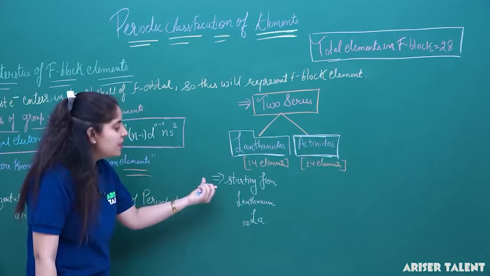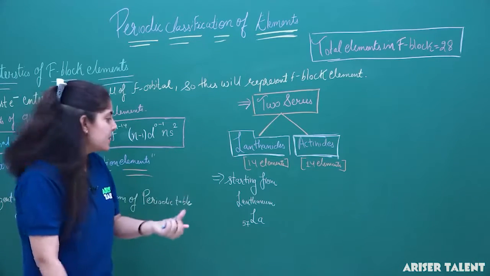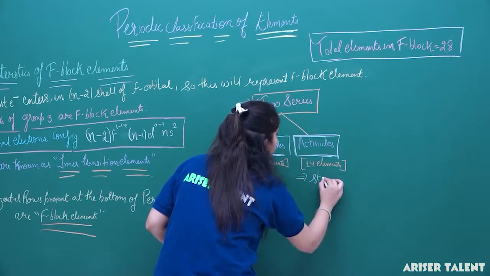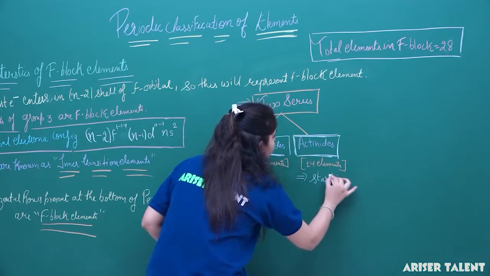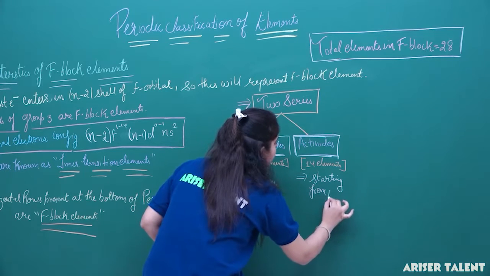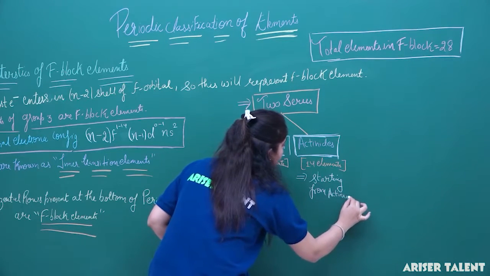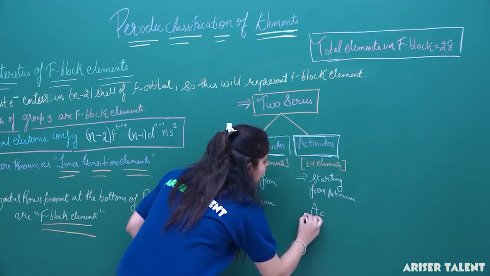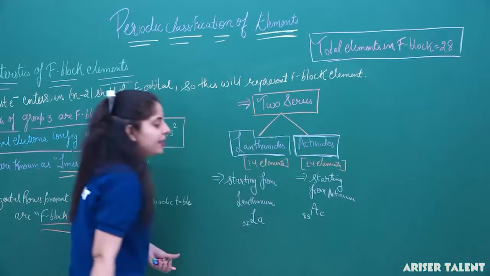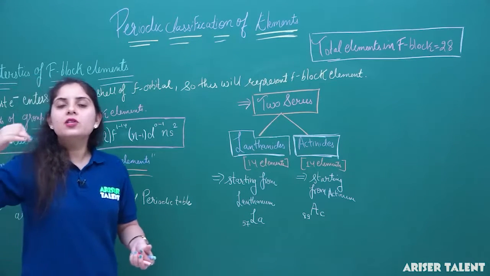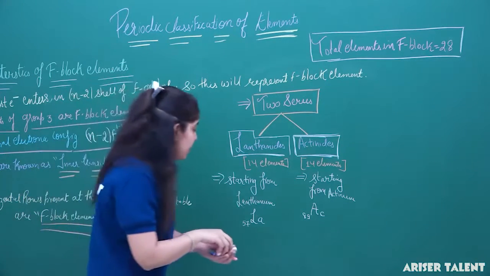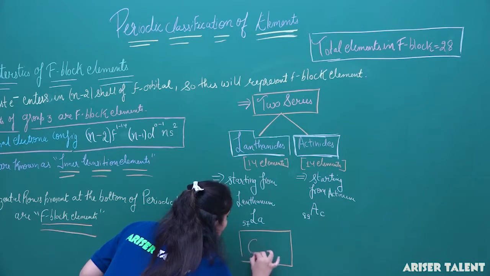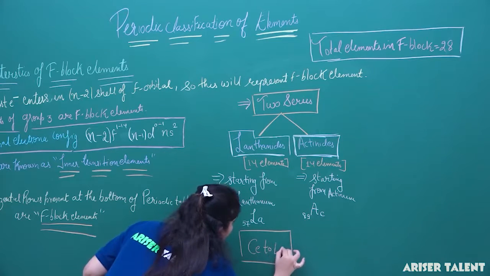This atomic number 57 is the starting element of the lanthanoid series, and similarly the actinoid series starts from actinium, which has atomic number 89. It means the second row starts from atomic number 89. Now after lanthanum, this series is completed from cerium to lutetium.